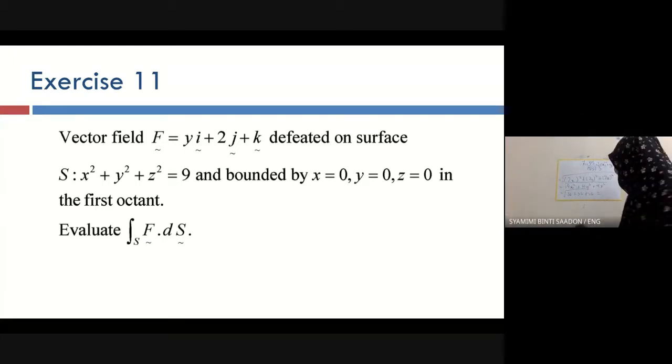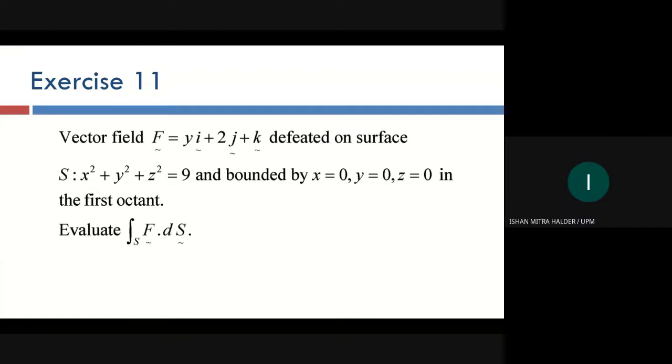Doctor, I mean that for the x value, y value, and z value, the boundary condition is given as 0.